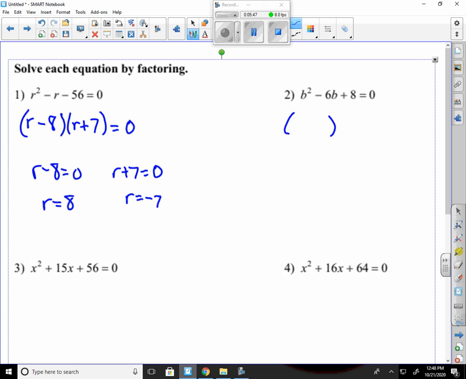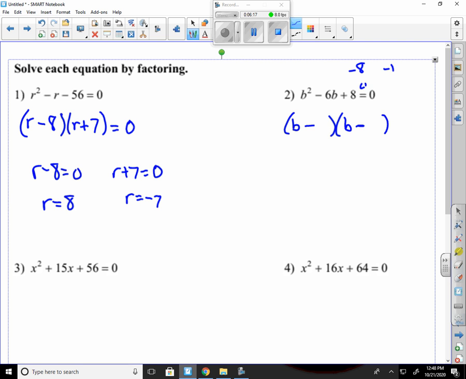Number 2. What multiplies to give me b squared? That would be a b and a b. Since this is a positive and this is a negative, it tells me that I have a negative and a negative. What multiplies to give me 8? I could do 8 and 1, but negative 8 minus 1 is negative 9, not negative 6.